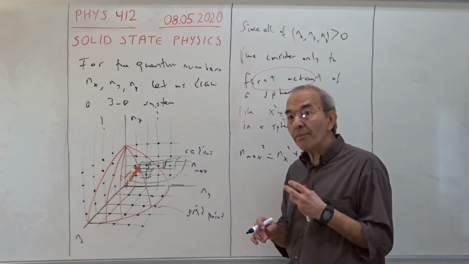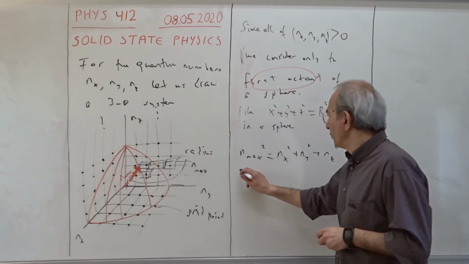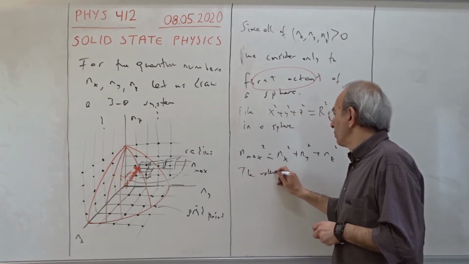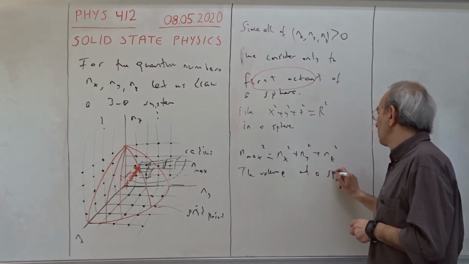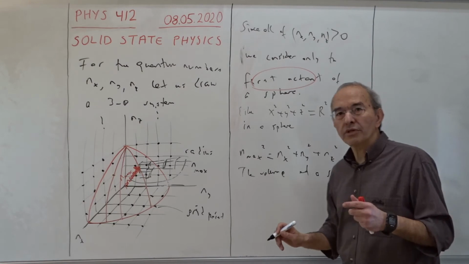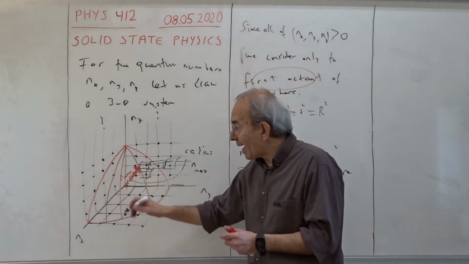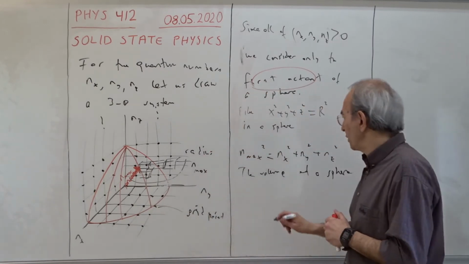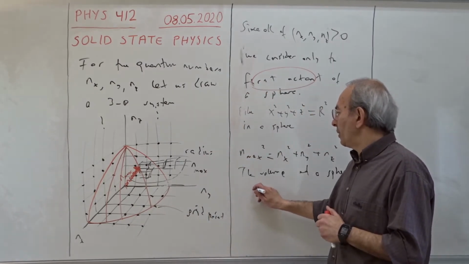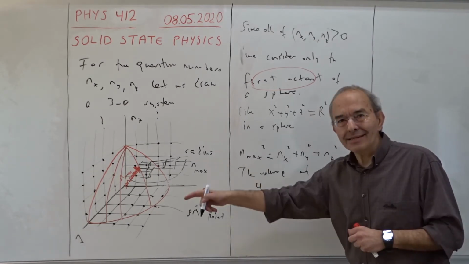So what is the number inside? We have to find the volume. The volume of a sphere. What was it? 4/3 pi r cubed. But we don't have r, we have n max as the radius of that hypothetical sphere. The volume is 4/3 pi radius cubed.